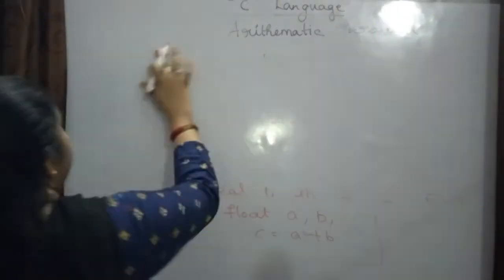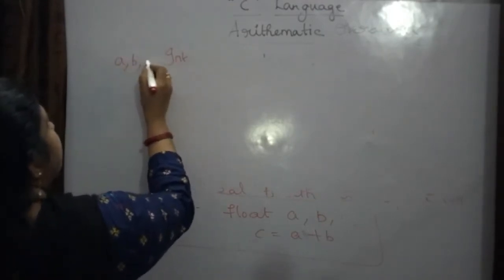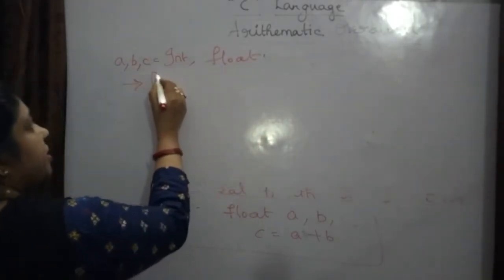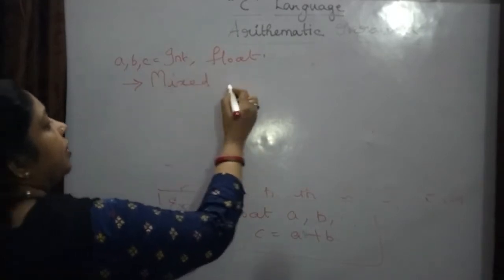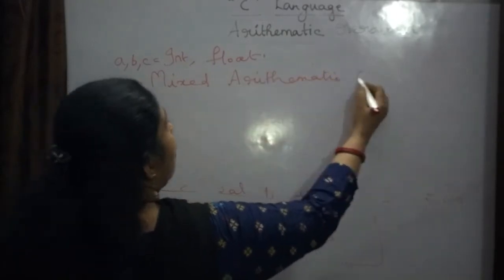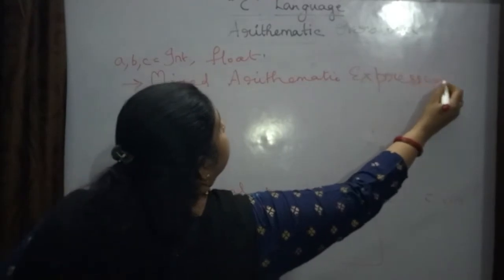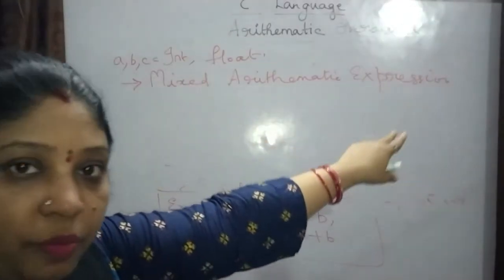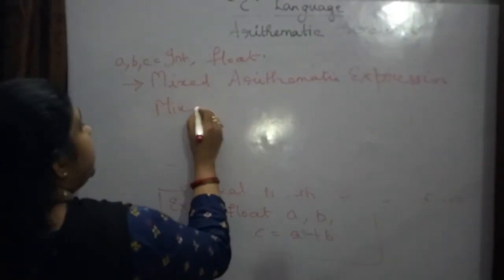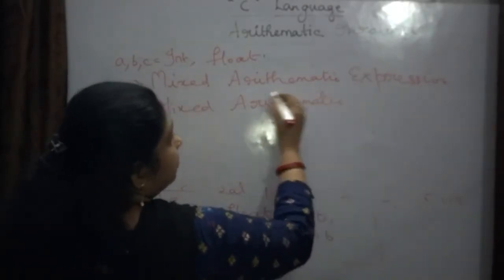Suppose you are using both integer and float together, then you will call that a mixed arithmetic expression, and to that operation you will call it a mixed arithmetic operation.